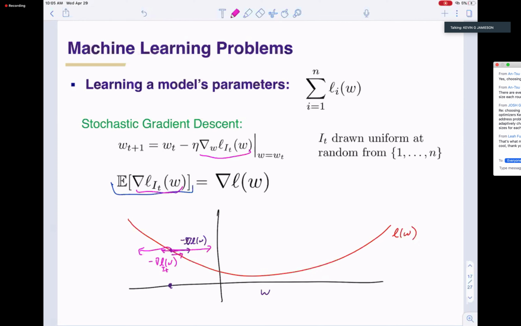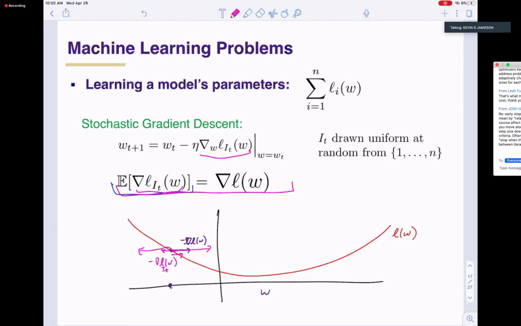It could be all over the place, in any direction, in fact. But what we do have is that in expectation it is going in the right direction. If I draw many of these and average them all together, they will average out to the direction of the true gradient.